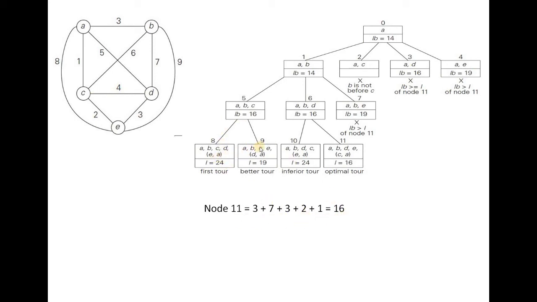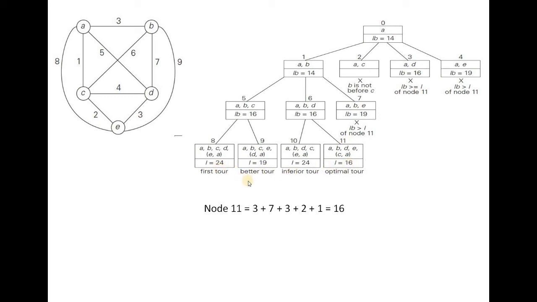So here we calculated the total tour cost for all these 4 nodes. So here the values are 24, 19, 24 and 16. Out of these 4 nodes, the node which gives us the least cost is the optimal tour, and only node number 11 will give us the least cost path, and this is the optimal tour for our traveling salesperson problem.